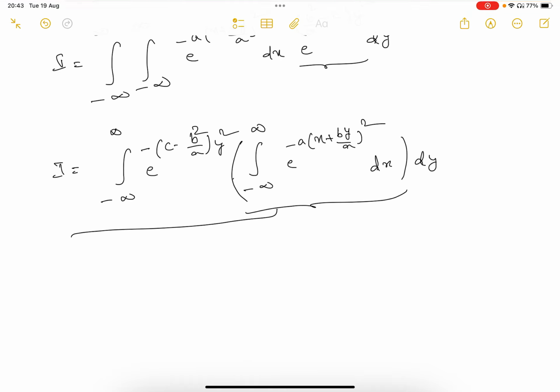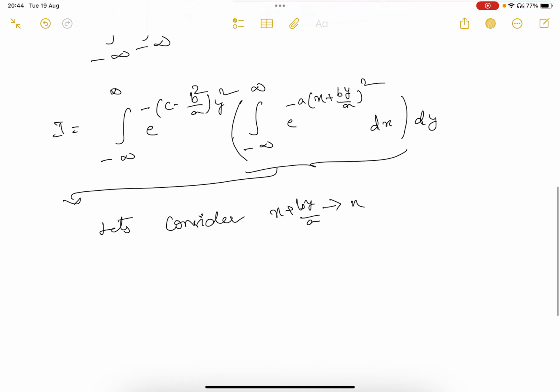here for this case let's consider x plus b/a y tends to x, right? Then if x tends to minus infinity, then the new x which we transformed changes to minus infinity.